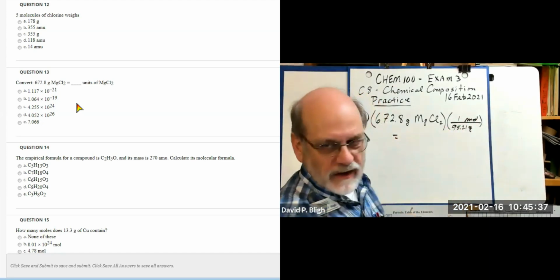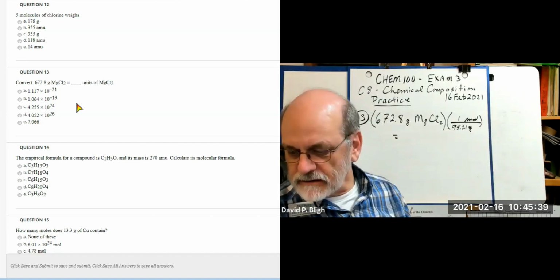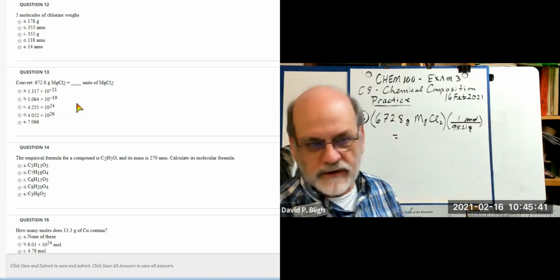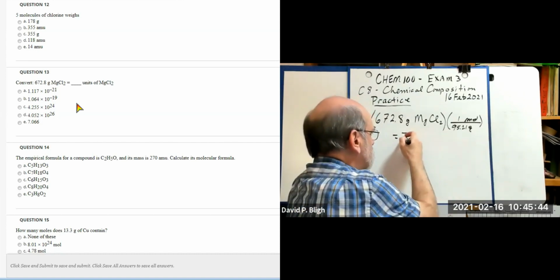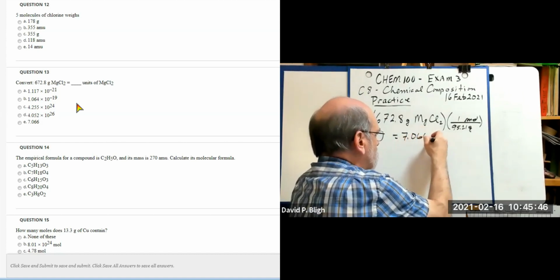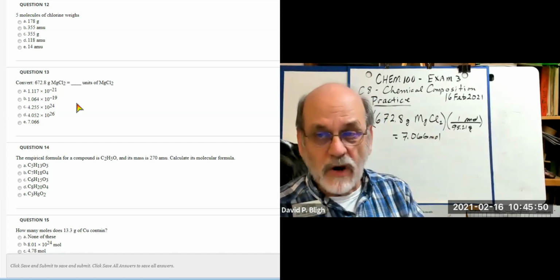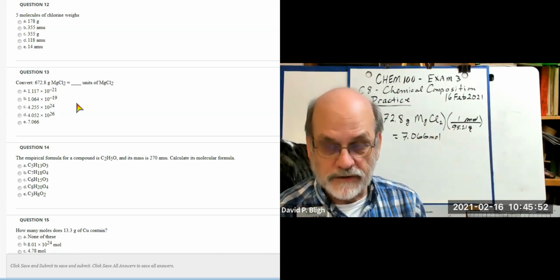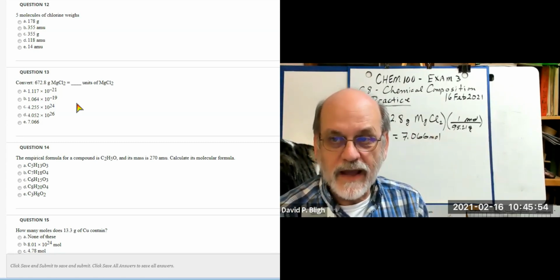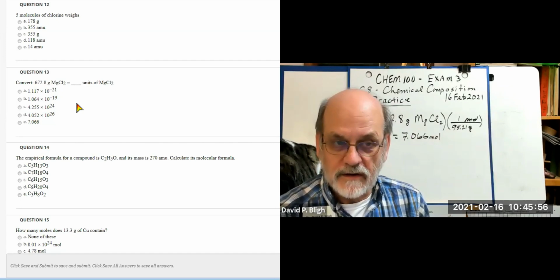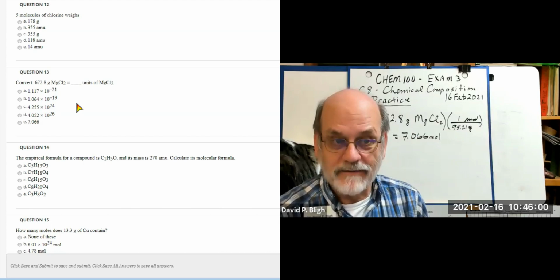If you do that calculation, you get 7.066. So that's so many moles, but that's not the number of units. Units is how many actual MgCl2s you have.